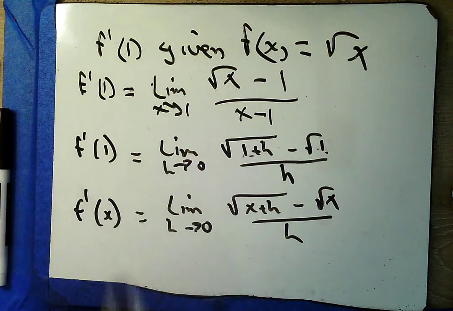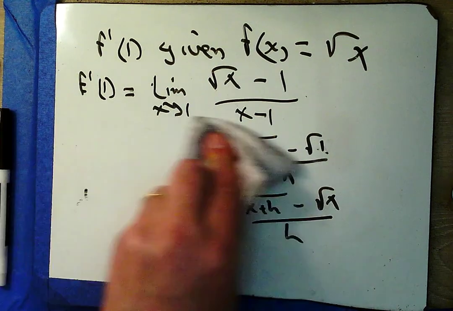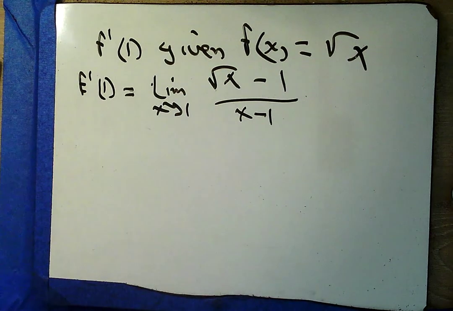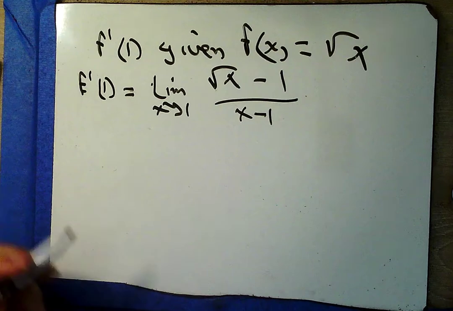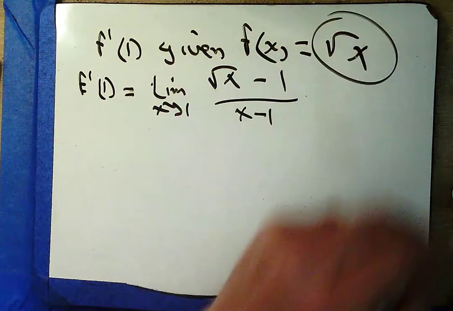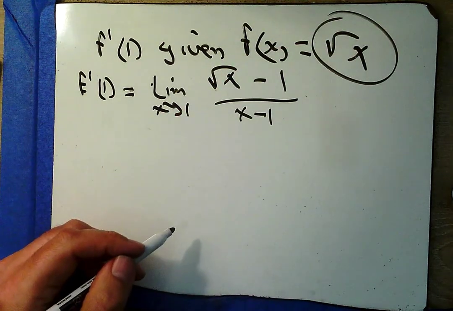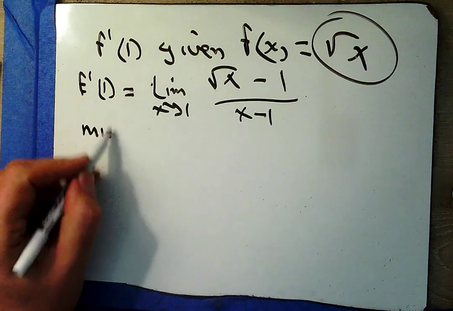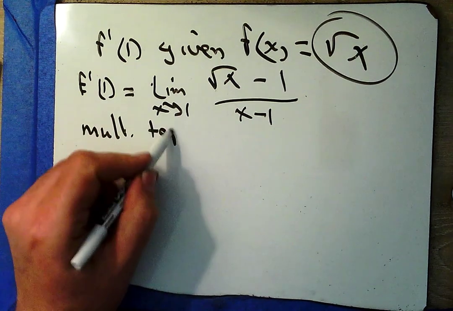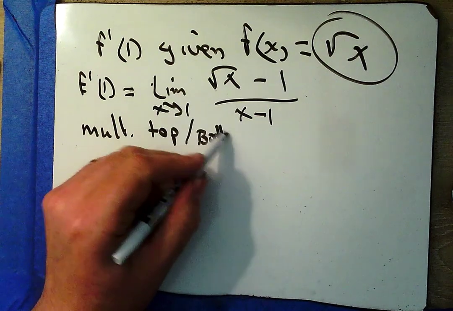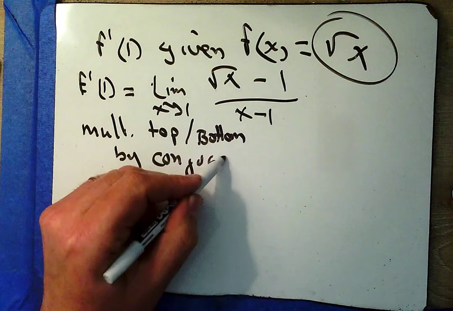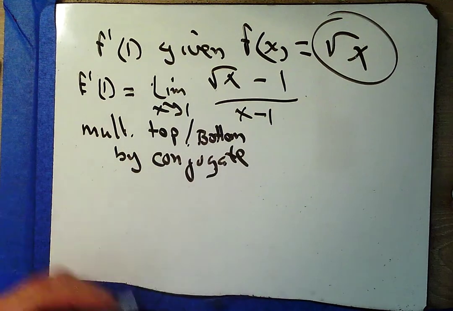one of the things I love about this class is how it ties together so many things you've learned. The answer whenever I have to use the limit definition of the derivative on a square root function is I need to multiply top and bottom by the conjugate. That's the only way I have to deal with these radical problems.